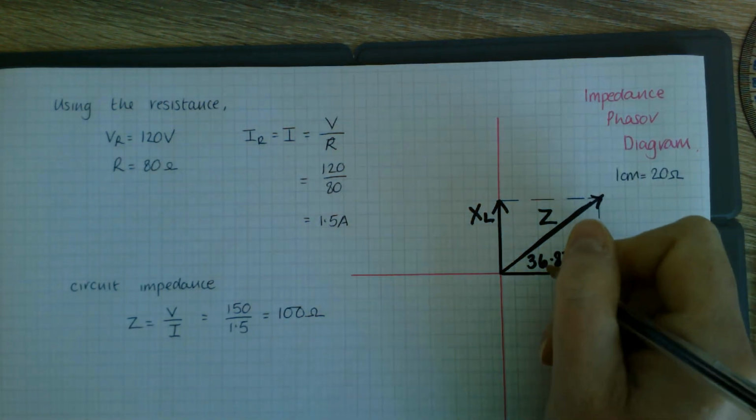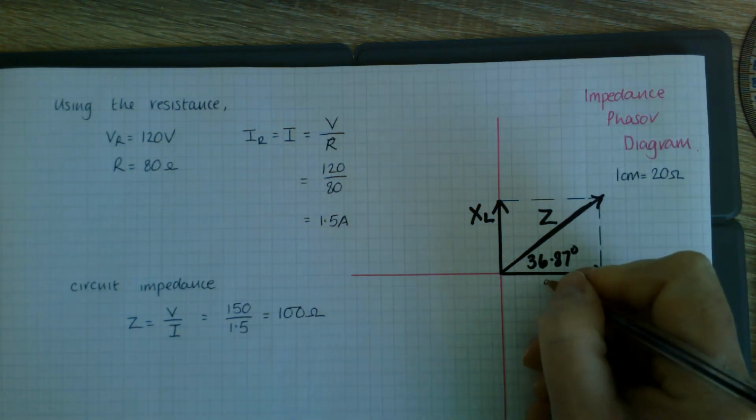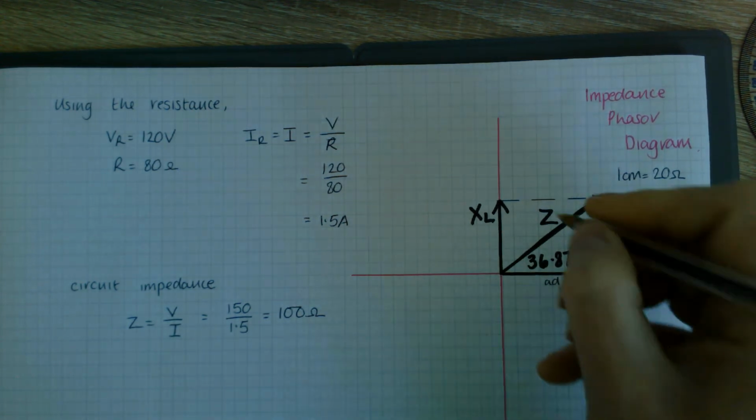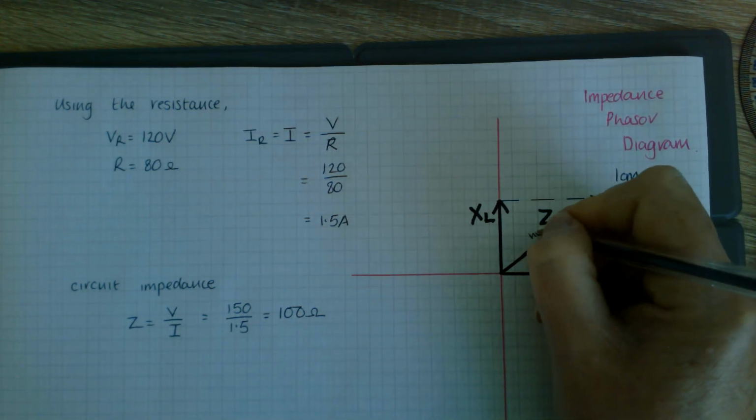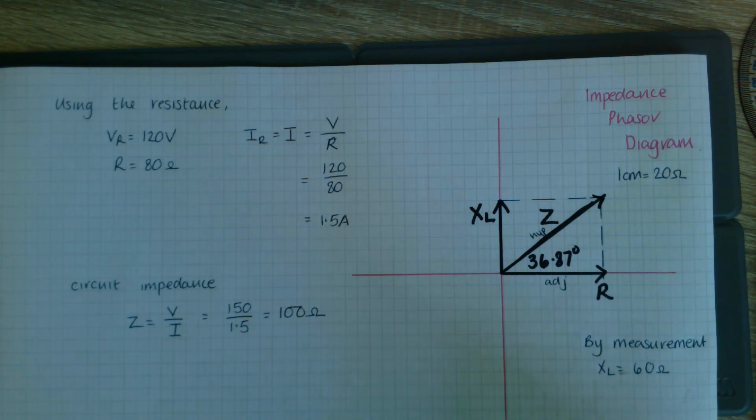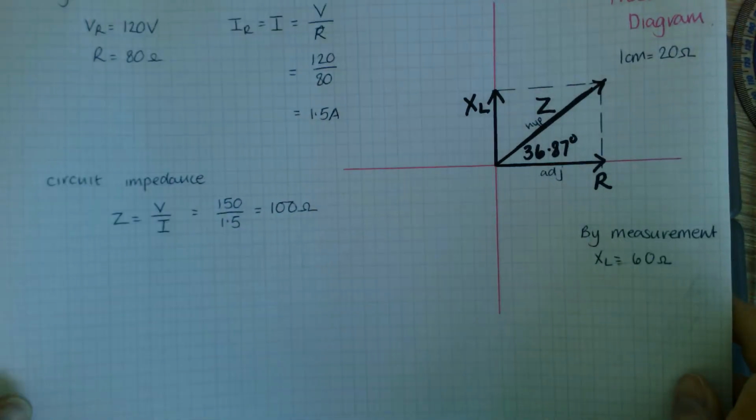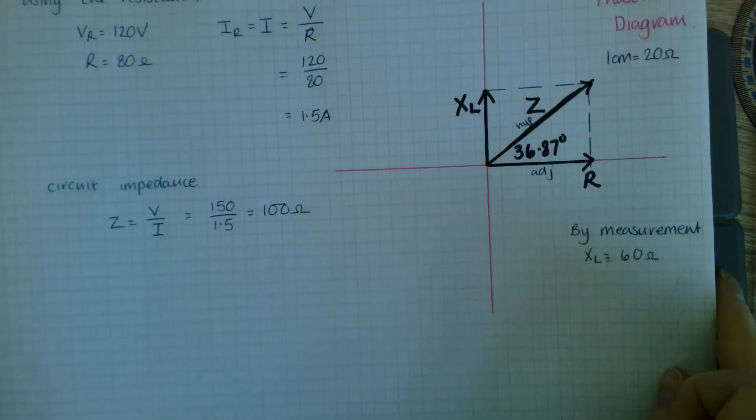By calculation, I've got an angle, I've got an adjacent, and I've got a hypotenuse. So using my SOHCAHTOA, I'm going to use cosine.